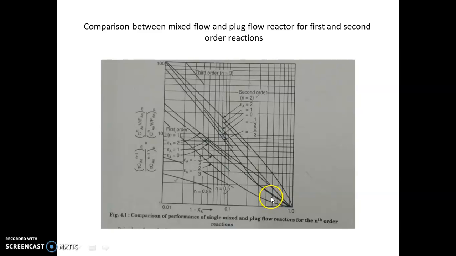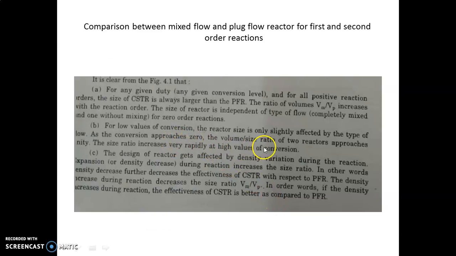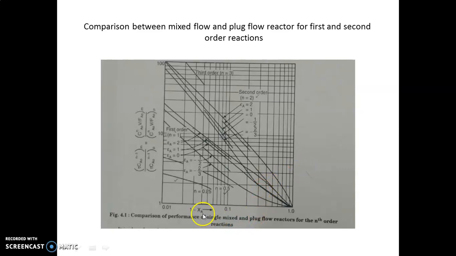That means the size of the reactor is slightly affected by the type of flow, and the size ratio increases very rapidly at high values of conversion. That means if we put X equal to 0.9, then 1 minus X becomes 0.1. So the size ratio increases as the conversion is increased. So this is the second conclusion from this graph.